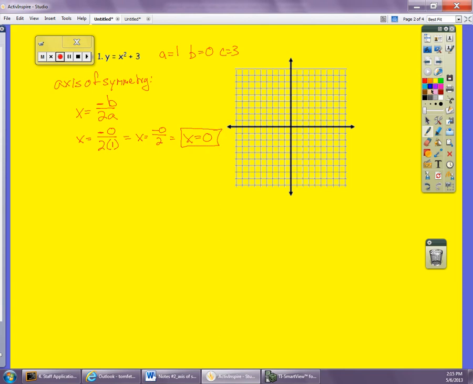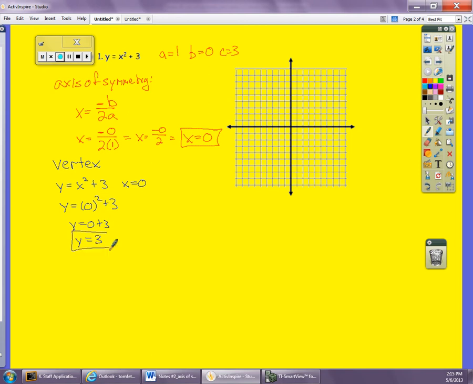To find the vertex, we have y equals x squared plus 3. We know that x equals 0, so we're going to plug 0 in for x. We get y equals 0 squared plus 3, y equals 0 plus 3, and y equals 3.